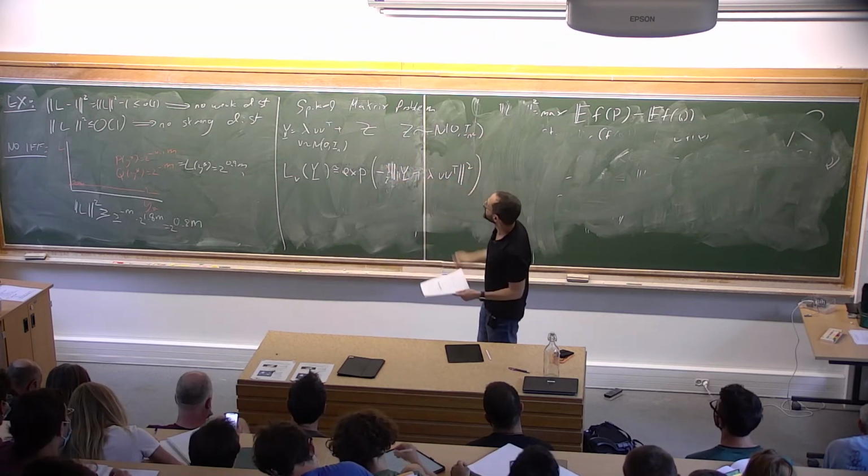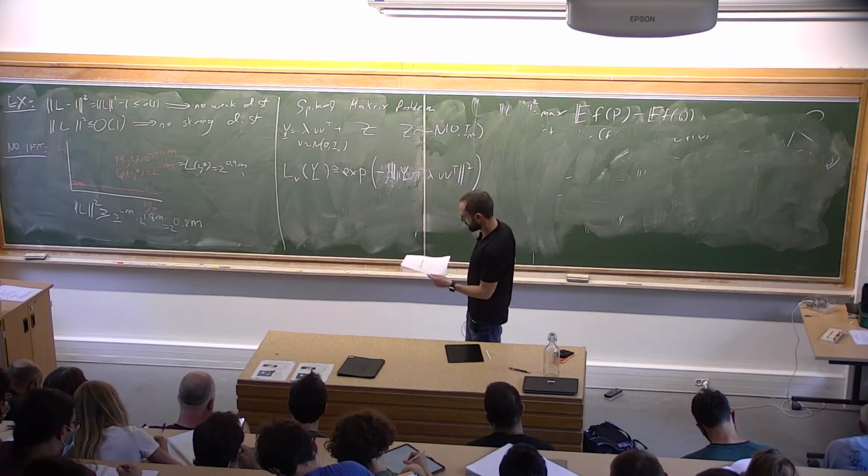That's the exponential, because z is Gaussian, so you write it as this.